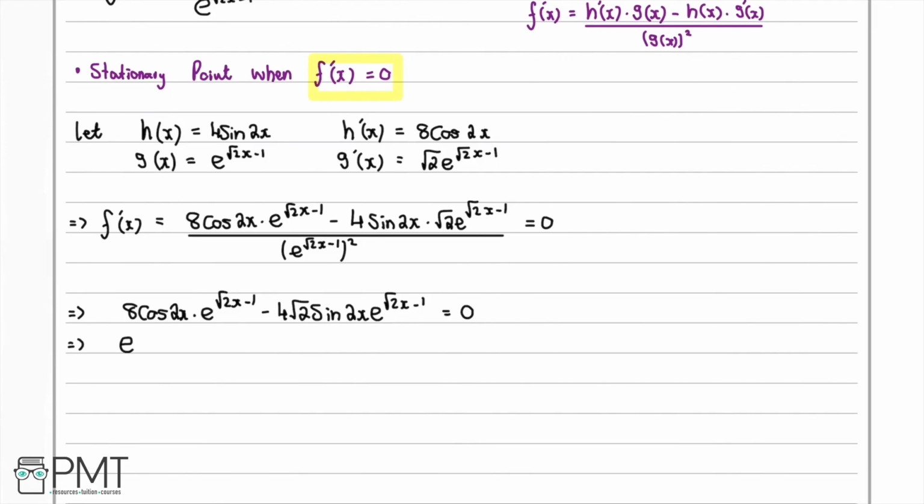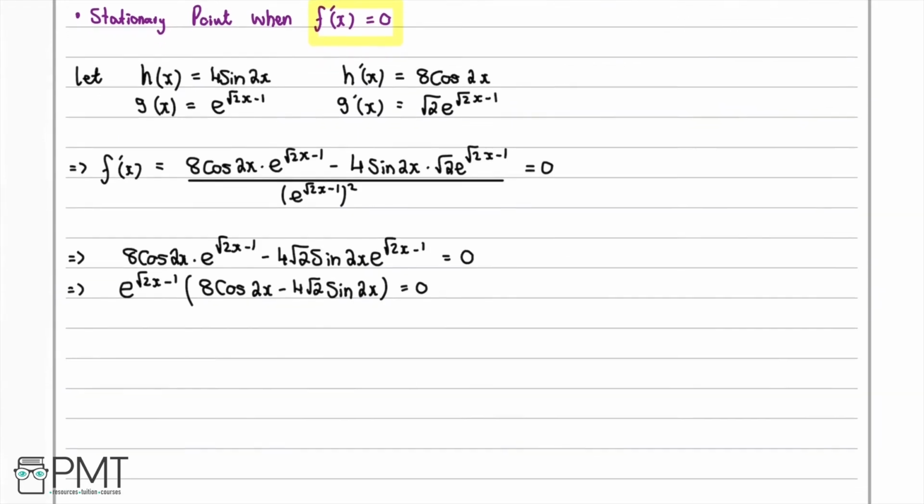If we take e^(root 2x minus 1) out, then here we'll multiply by 8 cos 2x, and on this side it'll be 4 root 2 sine 2x, and that's all equal to 0. If we then divide both sides by e^(root 2x minus 1), we'll eliminate that from this side, and the other side will remain as 0.